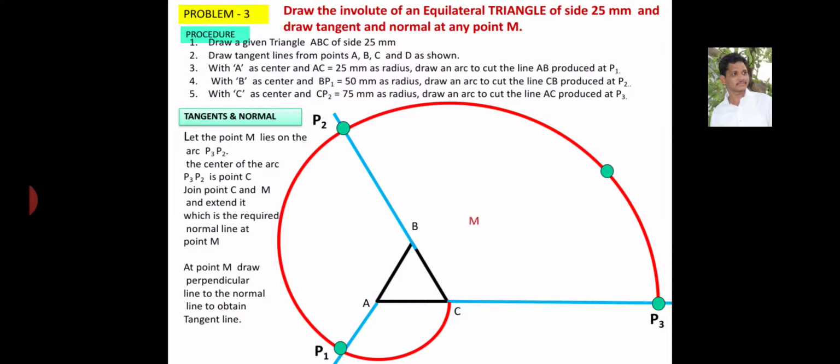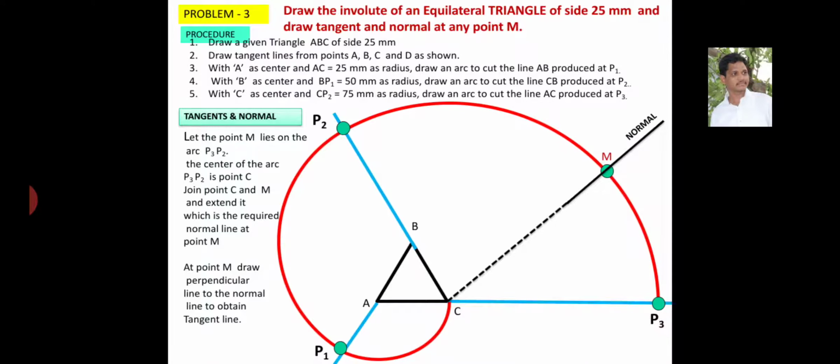Okay, this is the point M. The center of the arc P2 P3 is point C. So you have to join the points C and M and extend it, which is the required normal line at point M.